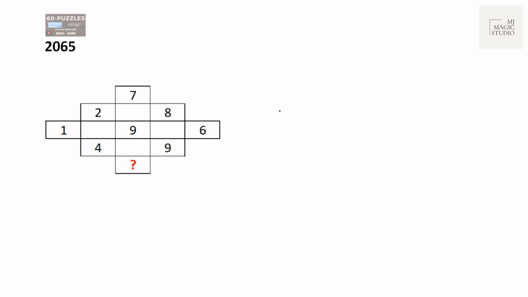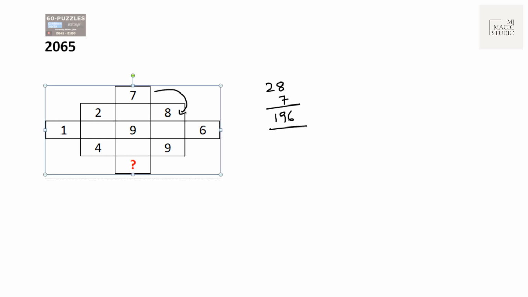Okay. At the first glance, it looked like 28 or 29, 19 or 287. If I look at these as numbers, 28 into 7, 140 and 56, 196. Wonderful. So 7 into 28 is 196.